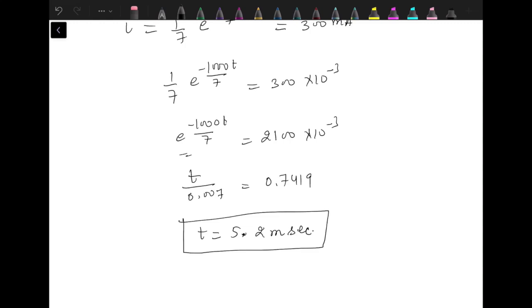So this we can calculate by taking the natural log on this side. When we take the natural log, it will be minus 1000 t by 7, and this side the natural log value, and we get the value of time as 5.2 millisecond.